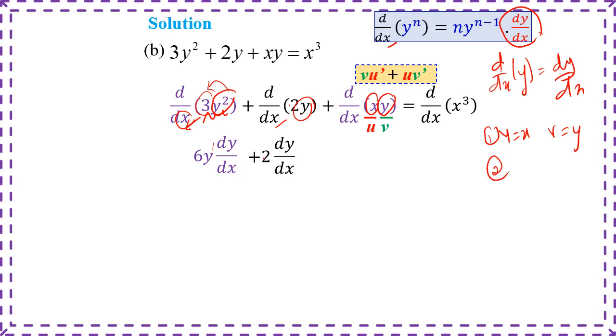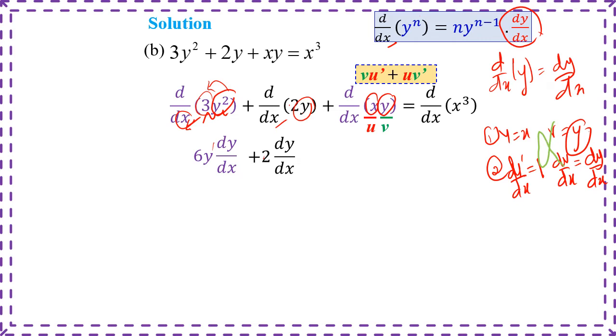The second step is to find u prime, which is equal to 1. This u is differentiated with respect to x. And dv/dx, or v prime, is differentiating y with respect to x. It will be dy/dx. So applying the product rule here, it will be v u prime plus u v prime.